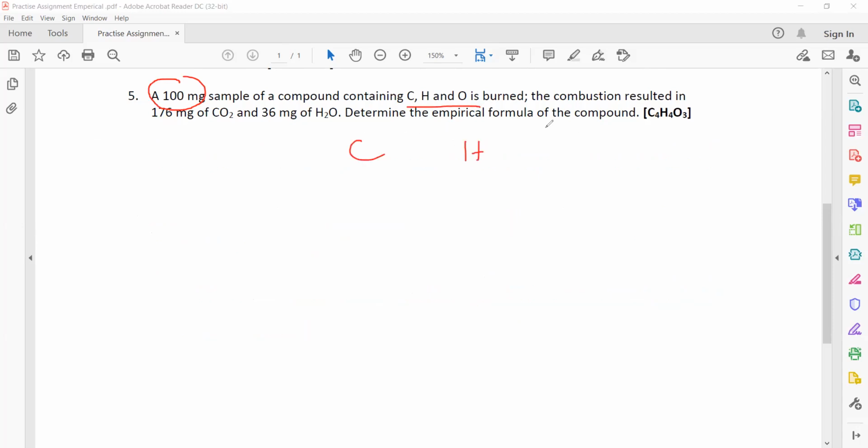When it is burned, combustion results in 176 milligram of carbon dioxide and 36 milligram of water. So determine the empirical formula.